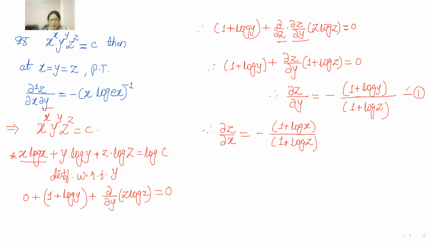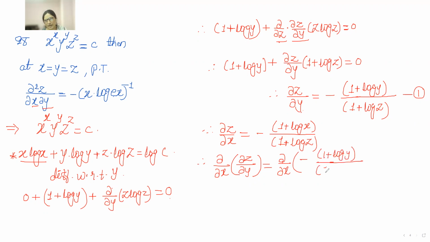Now, for the equation ∂z/∂y, we are taking the derivative of this function with respect to x again. So we can write ∂/∂x of ∂z/∂y is equal to ∂/∂x of (−(1 + log y)) divided by (1 + log z), isn't it?